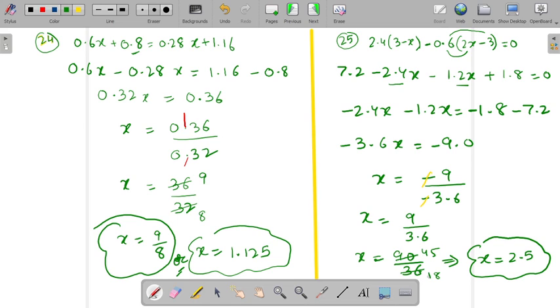Then it goes with 3, or it goes with 9 also. 9, 2 and 5. Sorry. This will be 5. So either you will keep x as 5 upon 2 as the answer, or 2.5 also as the answer. I hope all these questions are clear to all of you.